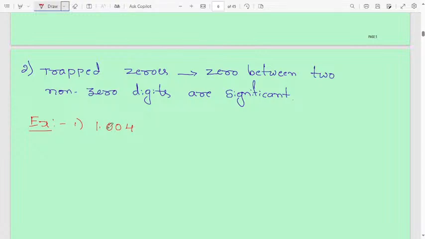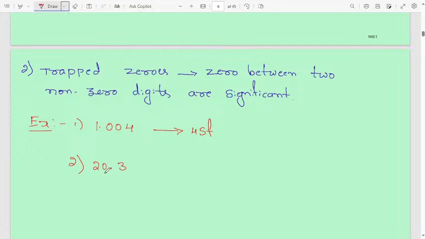Here, when you are having trapped zeros, these four numbers we will consider as four significant figures. When you are having trapped zeros, you can consider that those zeros are significant, trapped between two numbers. Then next example I will give, 20.3.